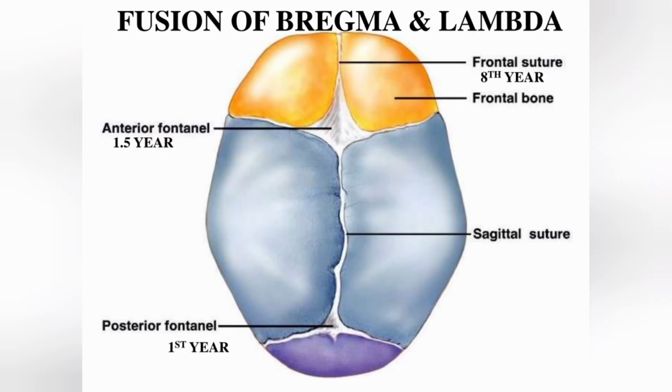In the neonatal skull, the bregma and lambda regions are not completely ossified and remain membranous. They are called the anterior fontanelle and posterior fontanelle respectively. The anterior fontanelle ossifies at 1.5 years of age and the posterior fontanelle at 1 year of age.